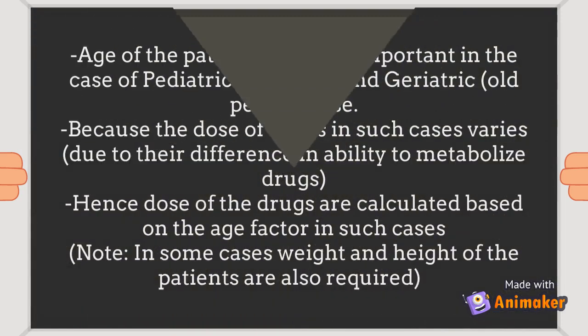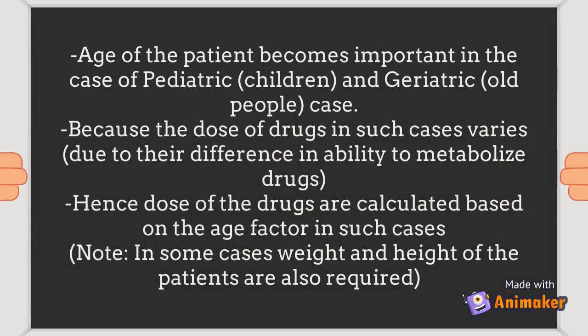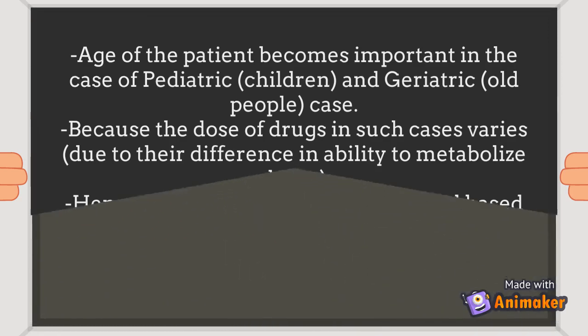The age of the patient becomes important in the case of pediatric and geriatric cases because the dose of the drug in such cases varies due to differences in the ability to metabolize drugs. Hence, the dose of the drug is calculated based on the age factor in such cases.